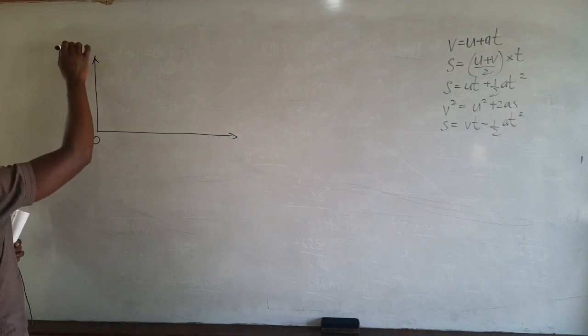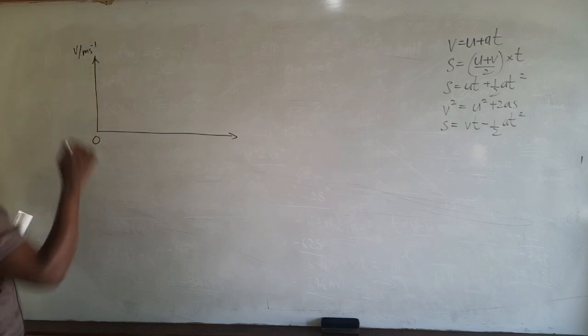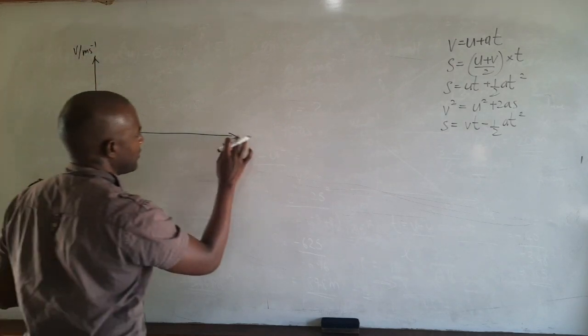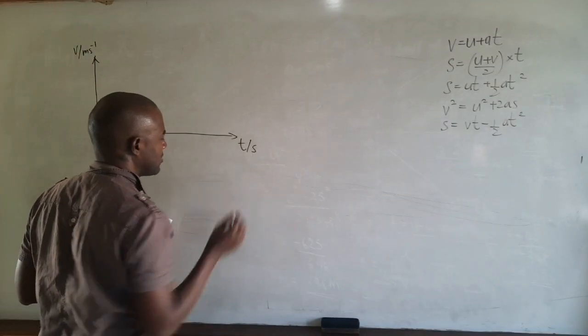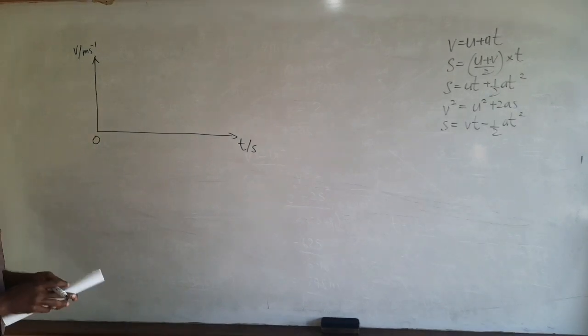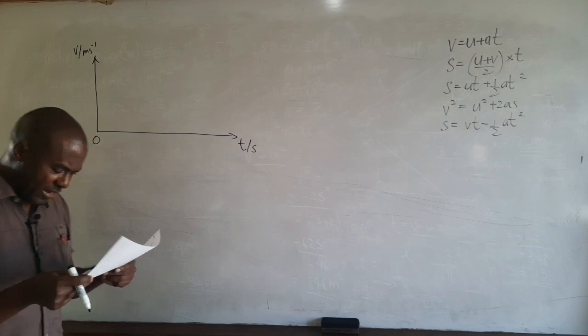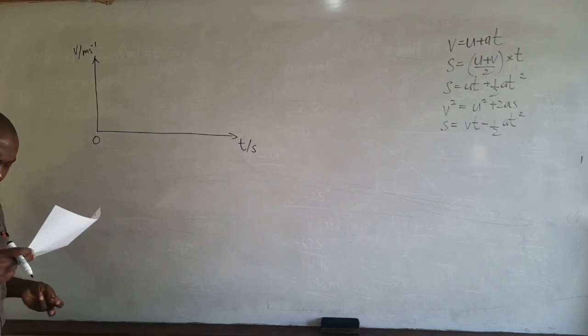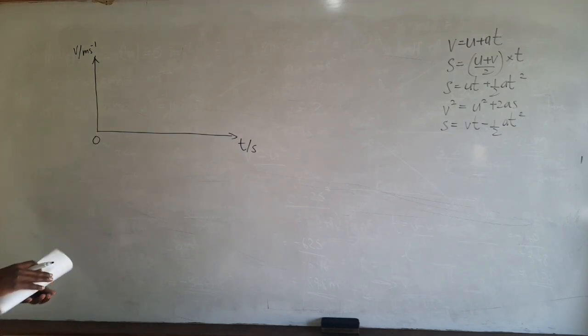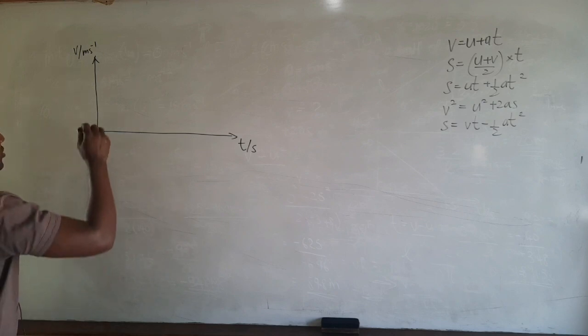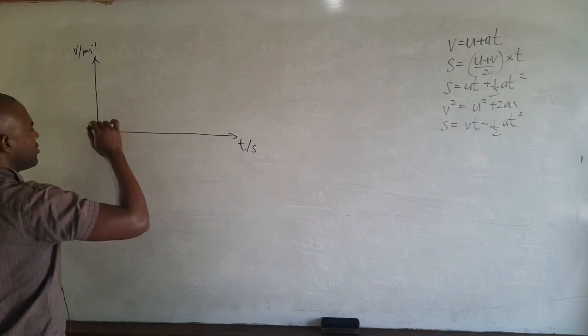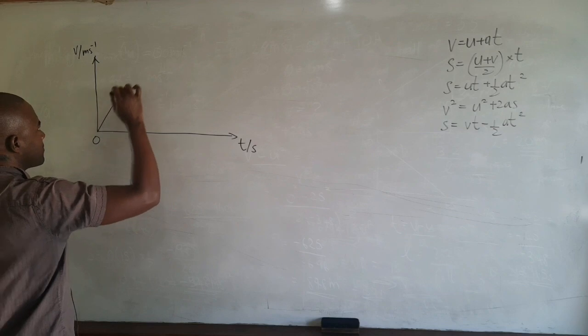So we have velocity in meters per second on the y-axis, and we have time taken in seconds on the x-axis. So this car, it started from rest and is going to accelerate to a velocity of 25 meters per second in a time of 6 seconds. So we show that by a straight line sloping upwards, right?